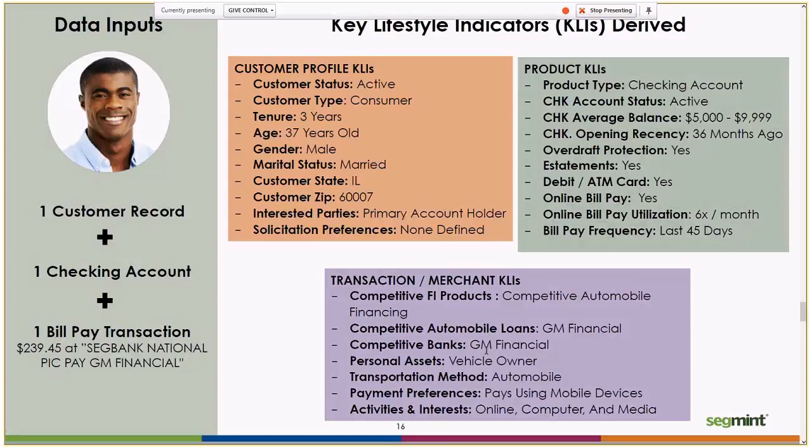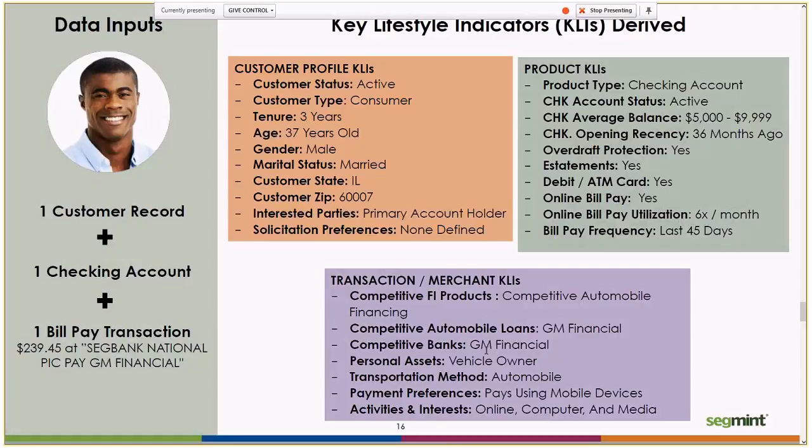We know what kind of account holder they are: a primary account holder, or a secondary or someone else on the account that doesn't really transact on it very often. For the product KLIs, just through ownership of that checking account, we're instantly creating key lifestyle indicators to say this member does have a checking account. We're automatically calculating an average daily balance of that checking account, making that available to you as a user of the platform.